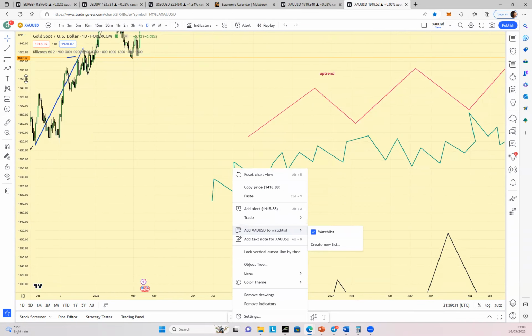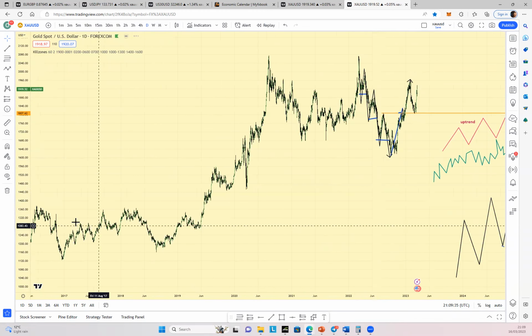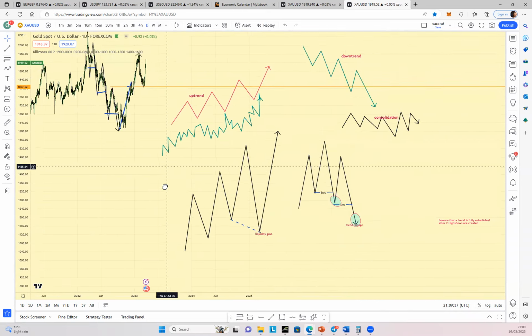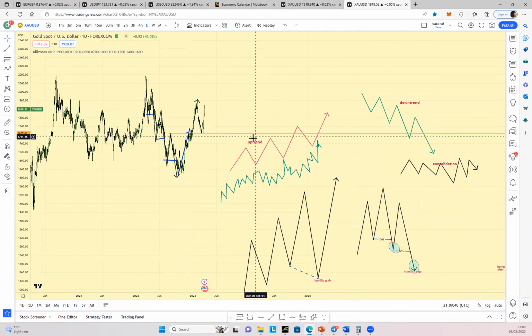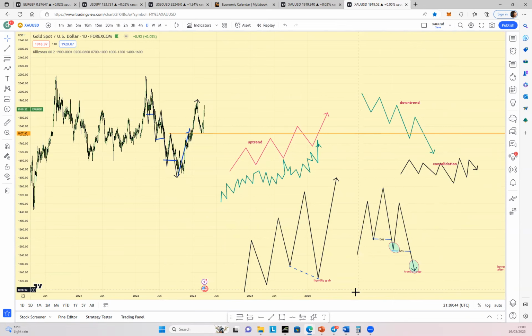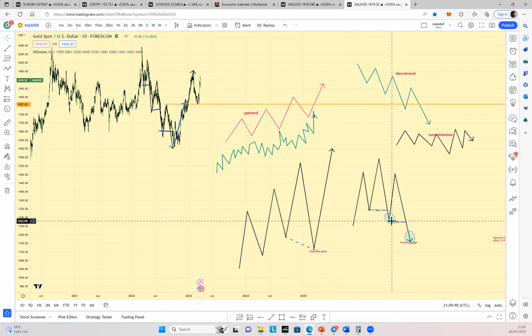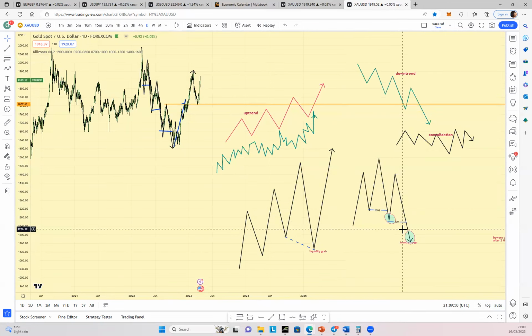Okay. So I've shown you uptrend, I've shown you downtrend, I've shown you consolidation, yeah? And this was what I was talking about, having two breaks for you to confirm that there's been a trend change.